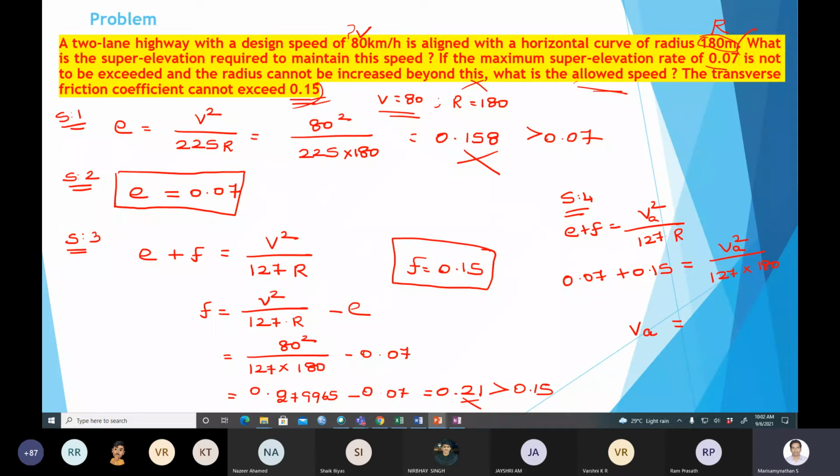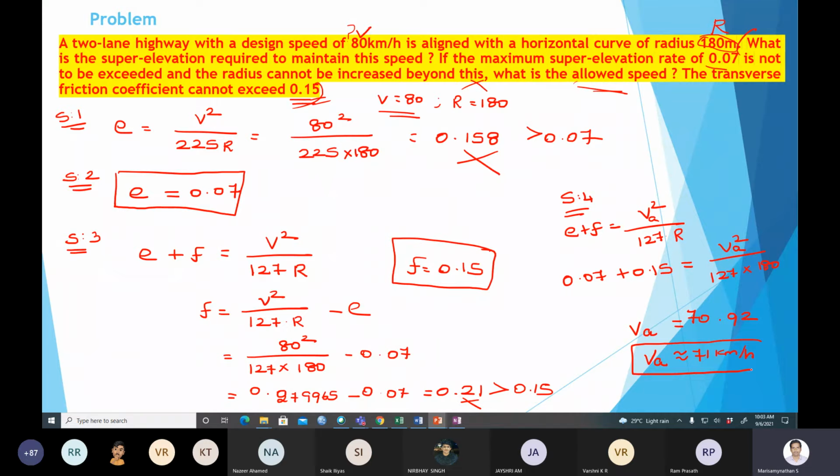Taking the root of the answer, I am getting the value of 70.929168. I am getting 70.92, but we can say the allowable speed is 71 kilometer per hour.